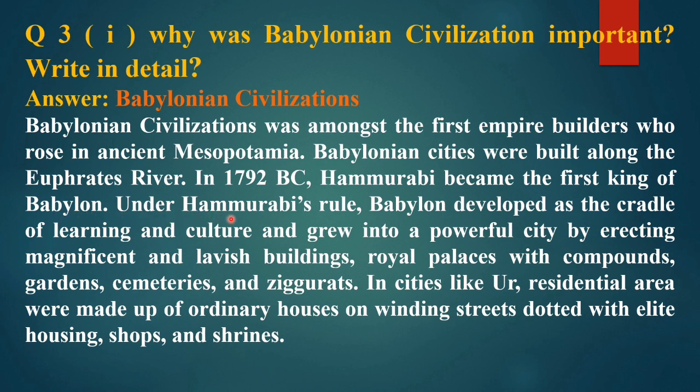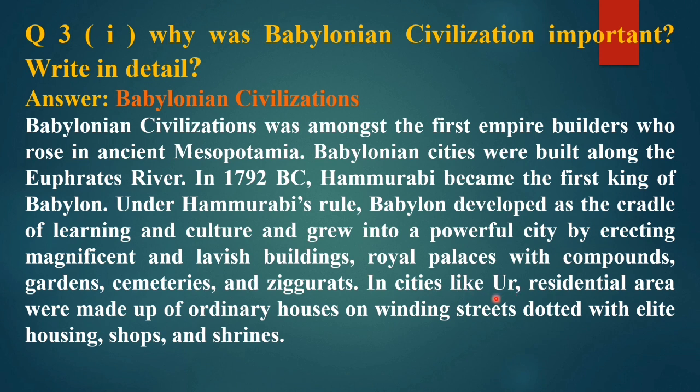Under Hammurabi's rule, Babylon developed as the cradle of learning and culture and grew into a powerful city by erecting magnificent and lavish buildings, royal palaces with compound gardens, cemeteries, and ziggurats.